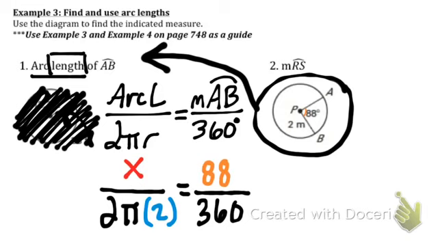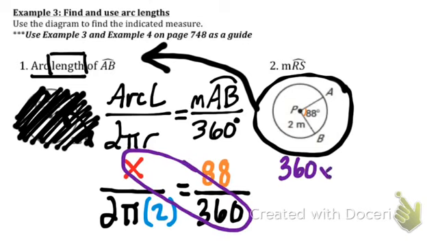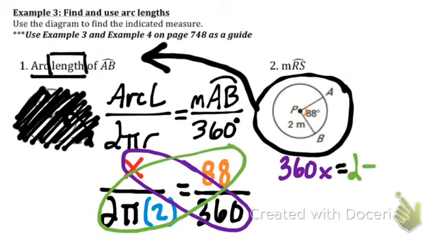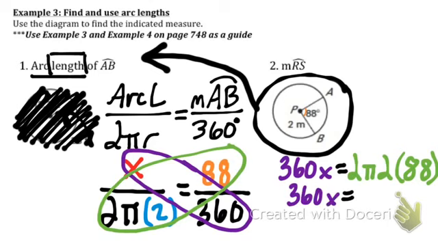In order to solve this proportion, or solve specifically for arc length, we have to cross multiply. Our first set of cross products would be X times 360, equal to the other set of cross products, 2 times pi times 2 times 88. Since we're trying to solve for x, I'm going to simplify the right hand side first and get 352 pi.